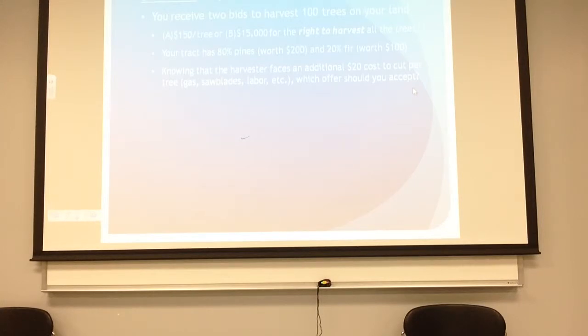The second one. So under the second one, how much money are you going to make? With B, me being the landowner, how much money do I get? 15,000. How much money do I get with A?